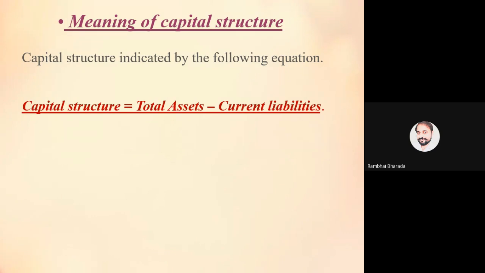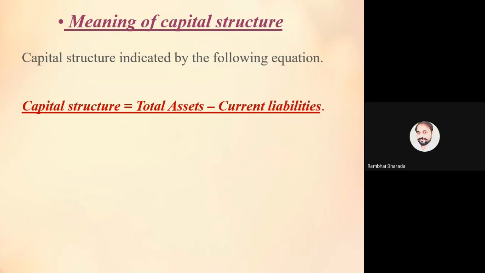Or in a second way, I can write like this: capital structure is equal to equity capital plus preference capital plus debentures plus loans plus other long-term liabilities. Are we clear? Including the reserve and surplus.